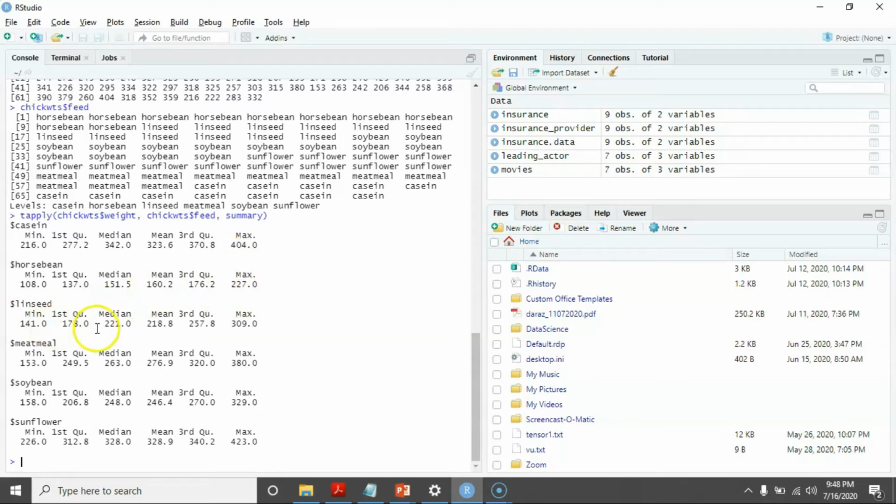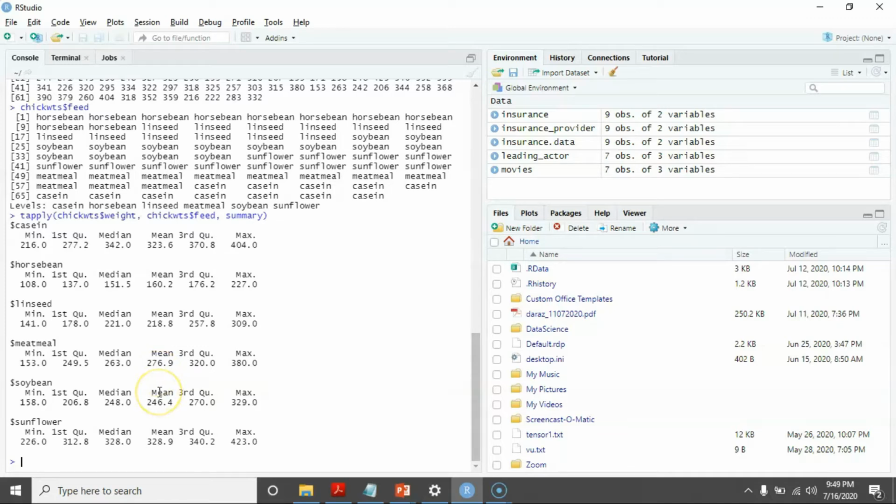Moving forward, linseed, although the maximum is 309, not as bad as horse bean, but still not very attractive in comparison with casein. Now meat meal, 276 on average, it is good, but again the difference between the maximum and minimum is quite large, and the minimum and the mean are not as good as the mean of casein.